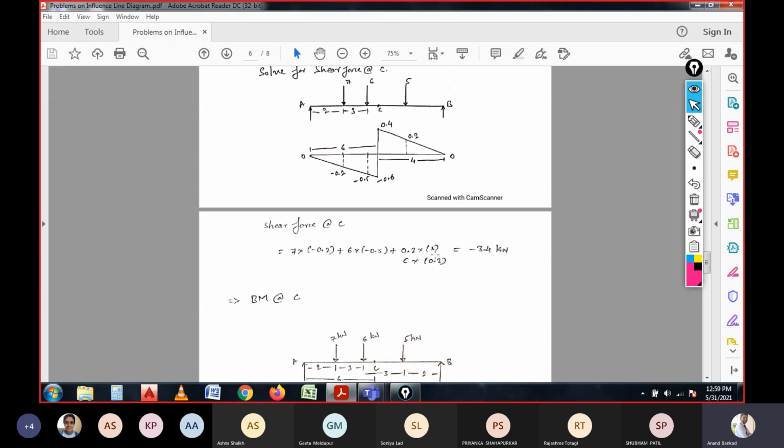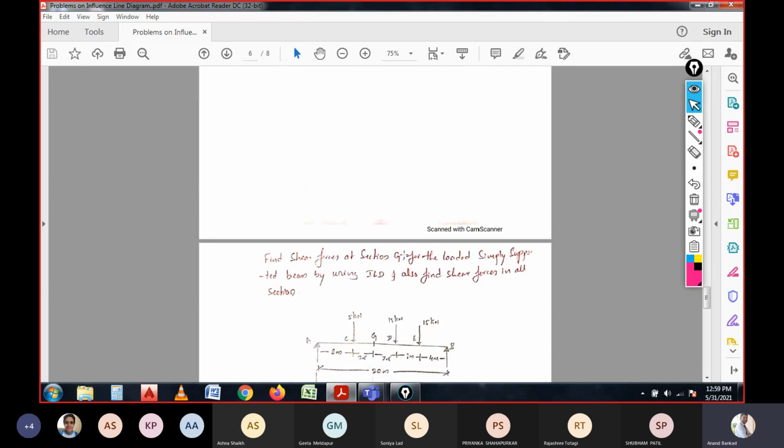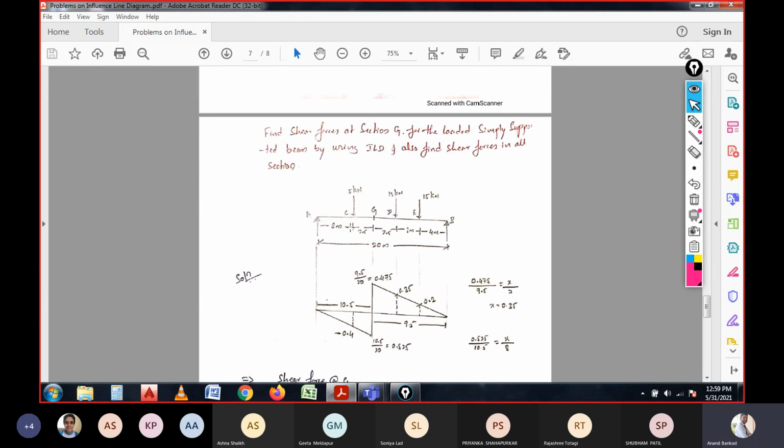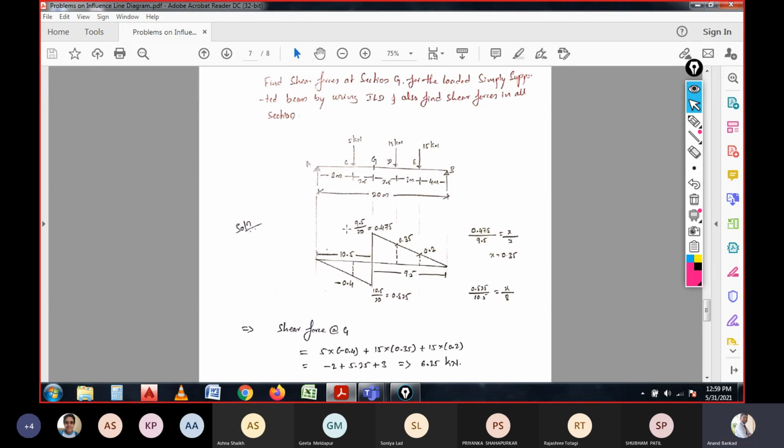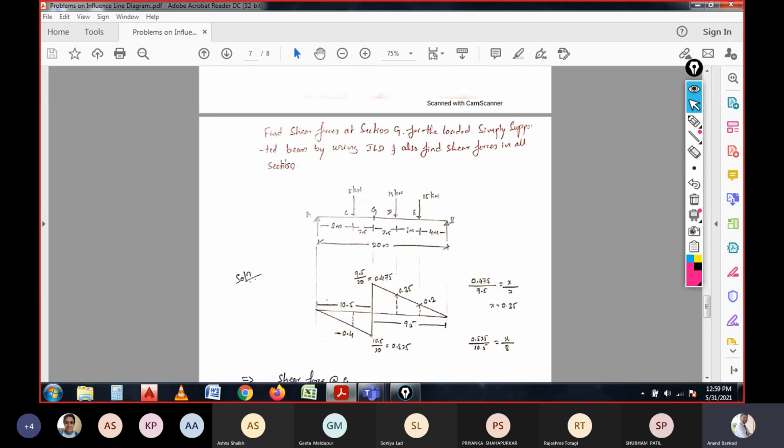I hope the problems are clear, and let us have another problem. Here, we need to find the shear force at the section at point G. Only the shear force has to be calculated for G. In this problem, they have asked to calculate only the shear force, no support reactions and no bending moments.